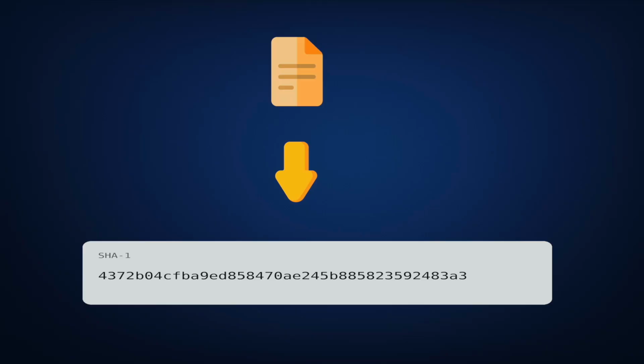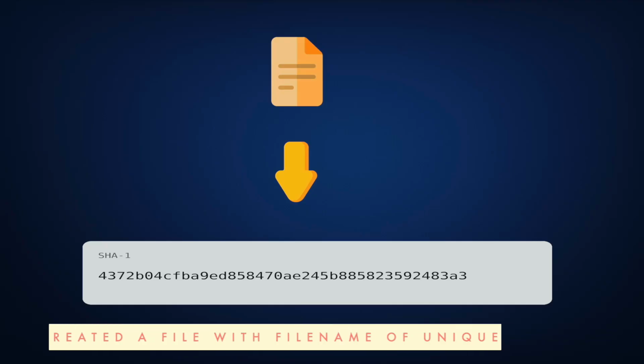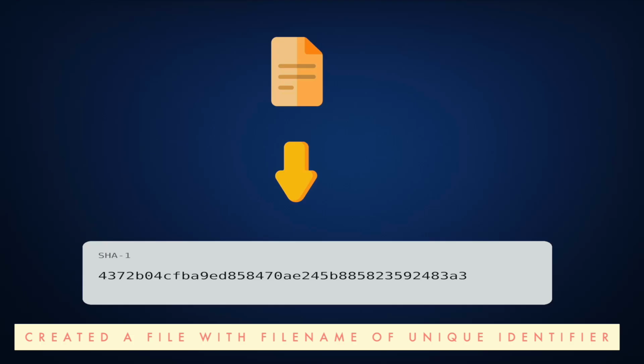Okay, so let's see. Let's say you have a file, and based on the content of the file, you have created a unique identifier. Like you can see on my screen, there is a unique identifier of 40 characters, right? Now with that unique identifier, we will create a file with that unique identifier as its name, and we will save this file.